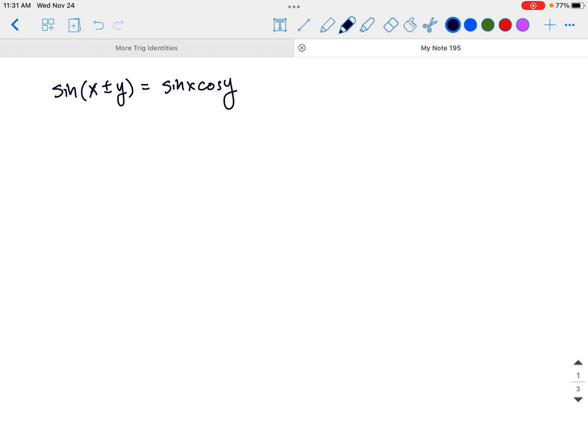So the angle sum for sine is going to be the sandwich, again, with the signs on the outside of the opposite angles. And we've got cosine. It's going to be where the cosines stick together.